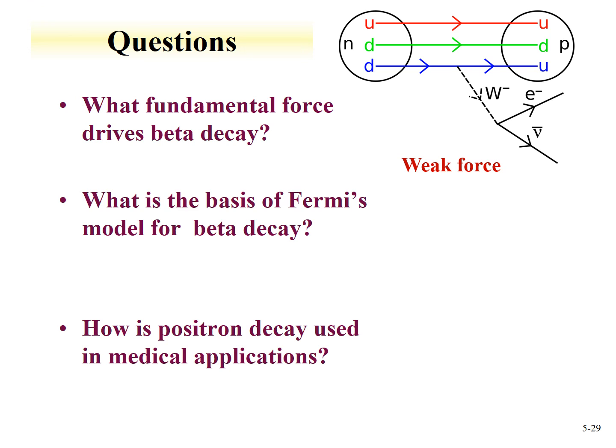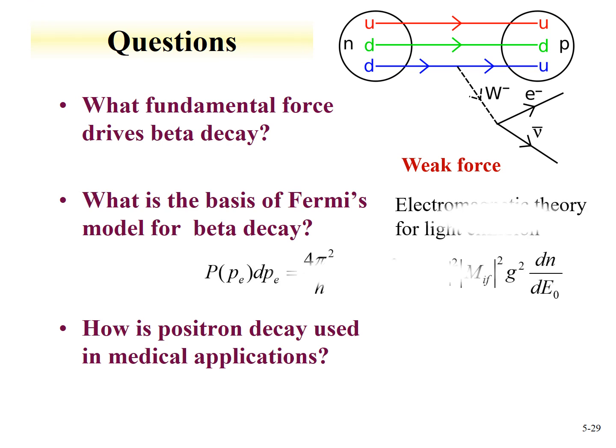So what is the basis of Fermi's model for beta decay? It actually exploits some of this force. It's based upon electromagnetic theory for light emission. So Fermi took that fundamental theory, applied it to the weak force, to this beta decay, where he came up with something that describes populating certain energy densities, equal to some constants, the wave function of the electron, the wave function of the neutrino, this mixing matrix, and this Fermi constant, which he fundamentally replaced from the electromagnetic theory.